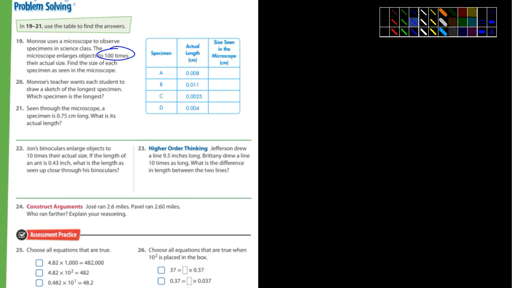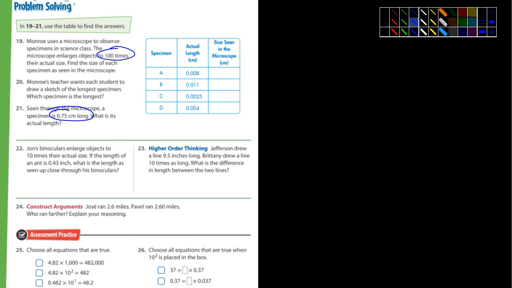21, seen through the microscope, a specimen is 0.75 centimeters long. What is its actual length? Oh, so I'm going to help you guys with this one. This is seen through the microscope, so it's been multiplied by 100.